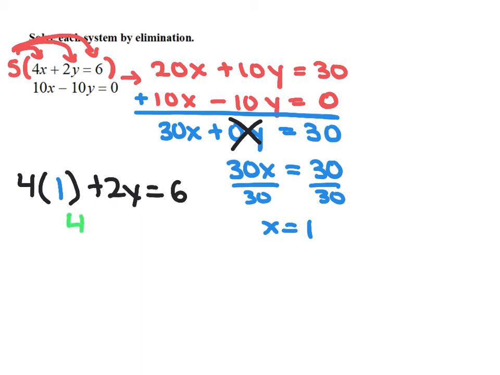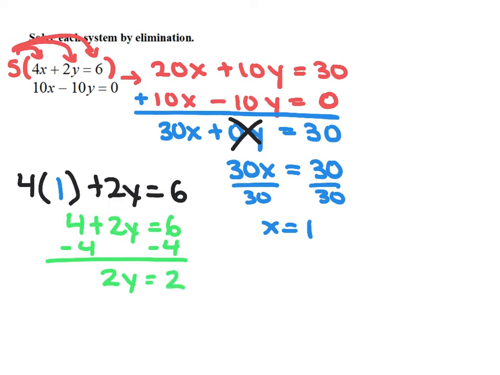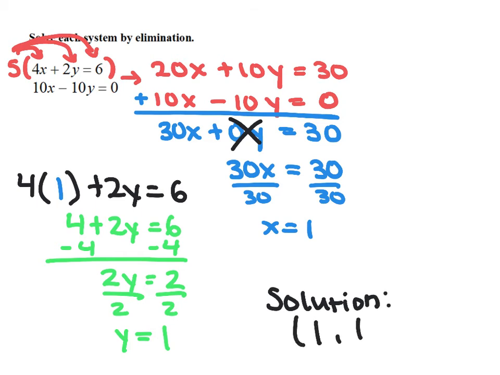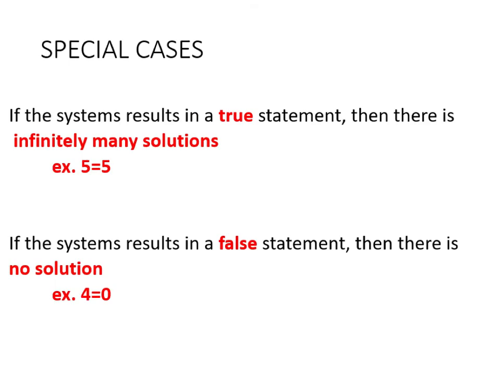If I solve, I'll have 4 plus 2y equals 6. Subtract 4 from both sides to get 2y equals 2, and divide both sides by 2 to get y is equal to 1. So the solution to this system is 1, 1.